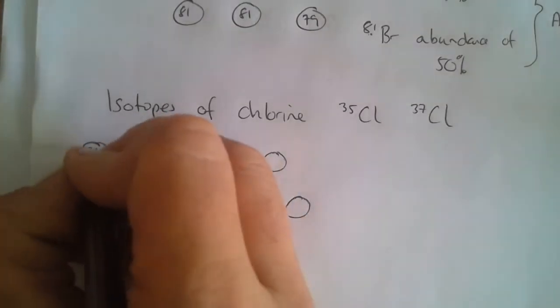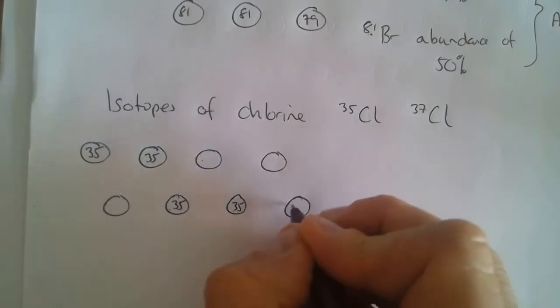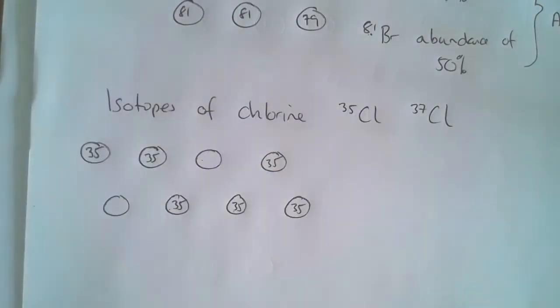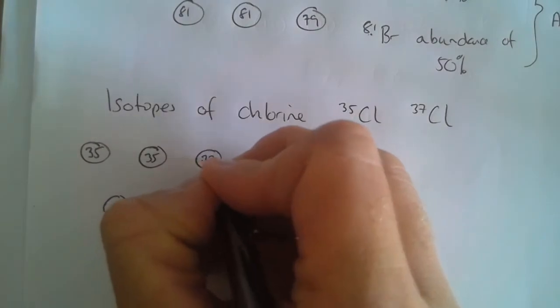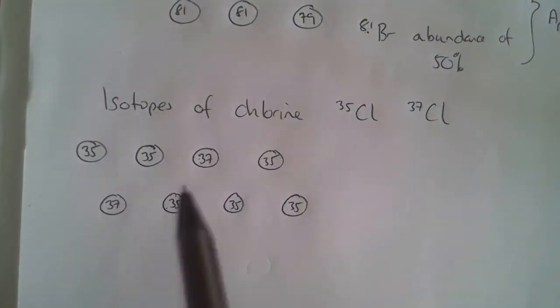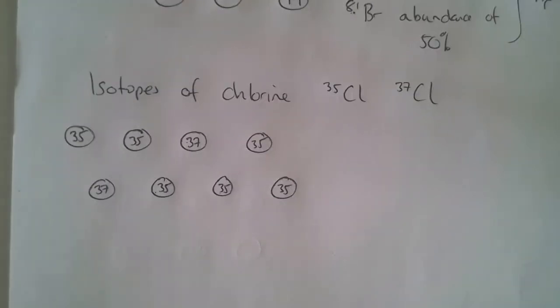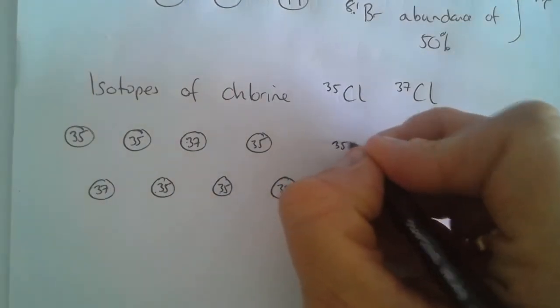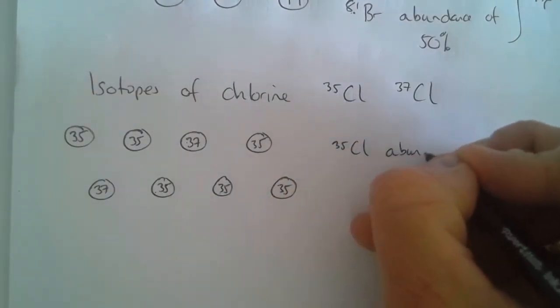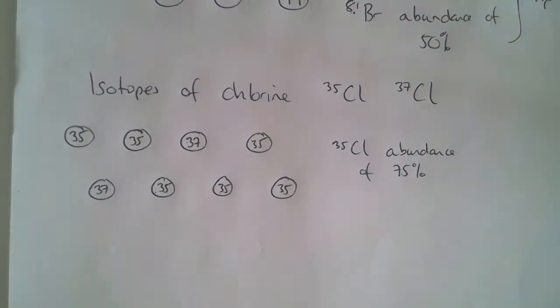This time I would find that by random chance, 6 of those would have a mass of 35, and 2 of them would have a mass of 37. This means that the abundance isn't the same as in our last example. What we find is the chlorine 35 isotope has an abundance of 75%, or 3 in 4.